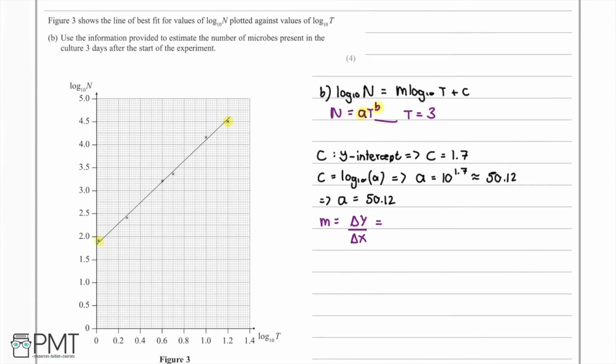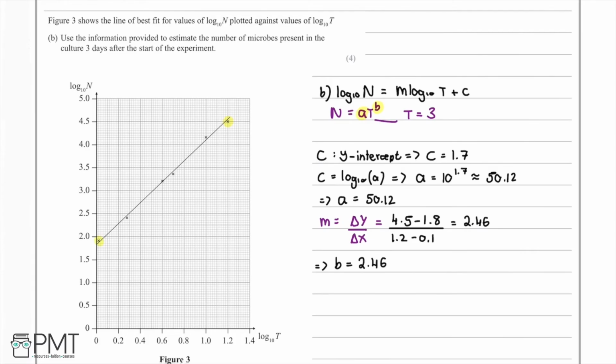So therefore we can put these numbers into the gradient equation, and we have 4.5 minus 1.8, and we divide this by 1.2 minus 0.1, and putting this into a calculator, this comes out as 2.46. And then from question A, we know that m is going to be equal to B, so that means that B is equal to 2.46.